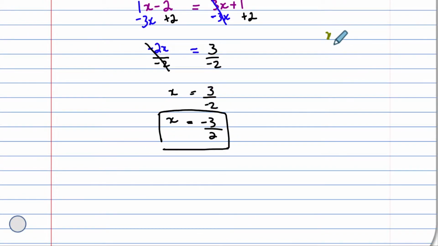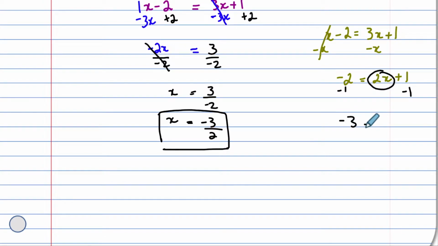But what if you decided to put your x's on the right side? You could totally do that. How would you do that? You subtract x both sides. There's the zero pair. So you have negative 2 equals 2x plus 1. And now subtract 1 both sides.